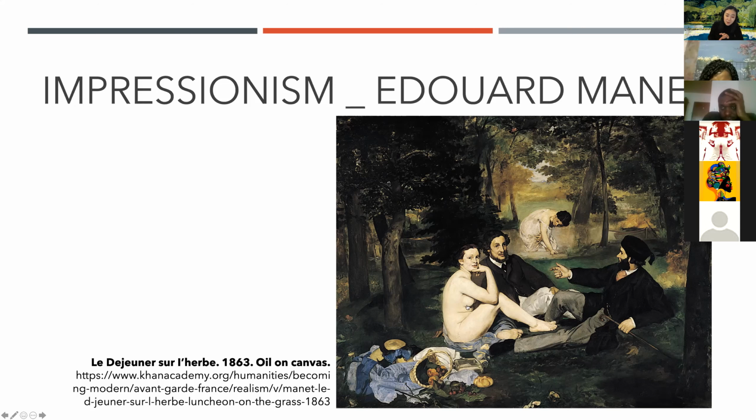And where she is looking, it feels like she's staring at us, right? And why are these two men dressed up and act like there are only two of them? And what is the woman back there? She seems like she's taking a bath there, right? So it seems like there's no relationship between the figures in this painting.